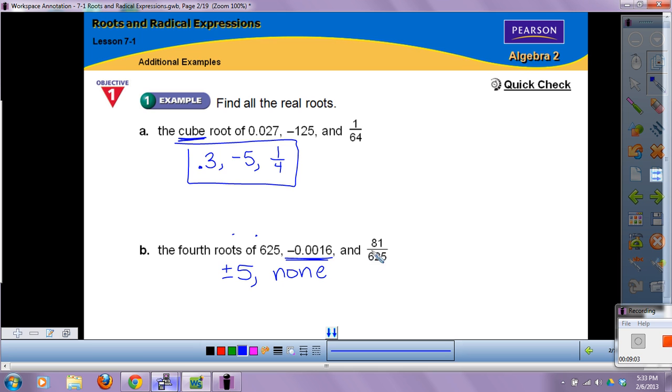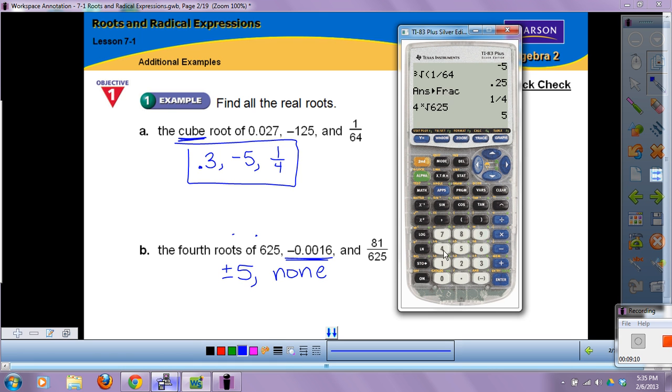And then finally the 4th root of 81/625. So again, back to our calculator, do your 4 first, Math, it's number 5, of 81/625. Let's go ahead and change it to a fraction.